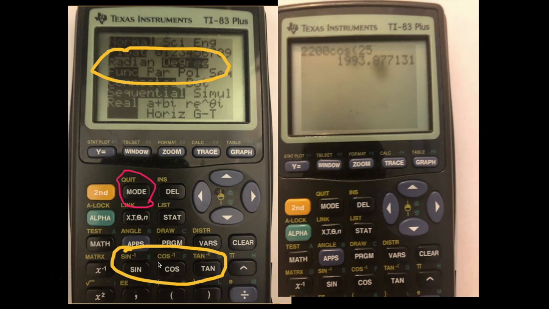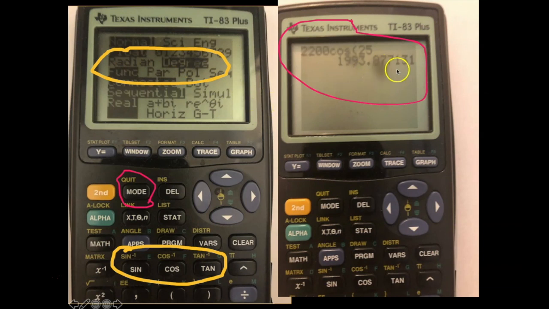The last thing we want to do is actually put this problem into the calculator, which we've done right here. 2,200, you don't have to put a times sign, but 2,200 cosine of 25, it's in degrees because across the page here we put it in degree mode.